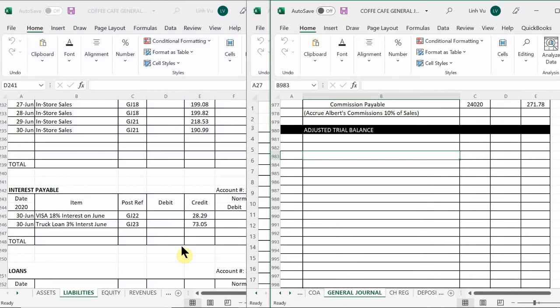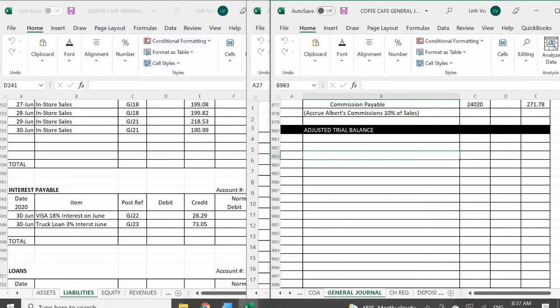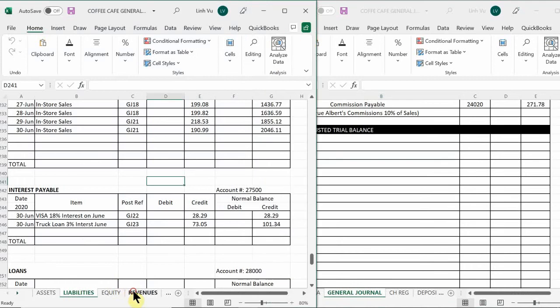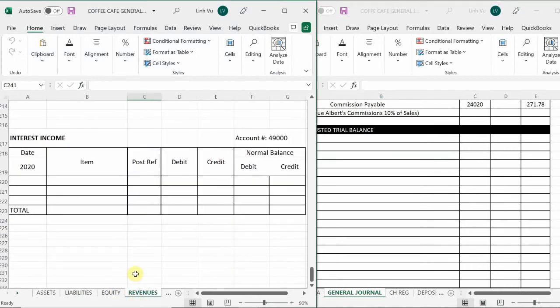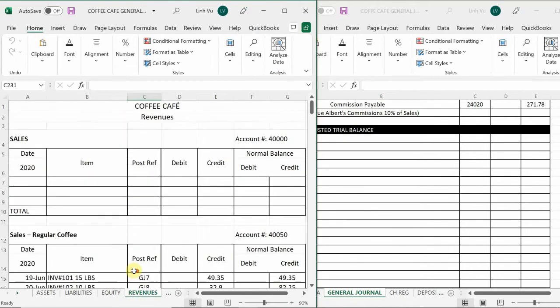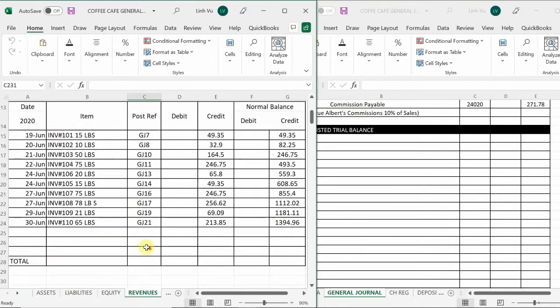First, let's start by zeroing out our revenues. How would we zero out our revenues? With sales and income summary.